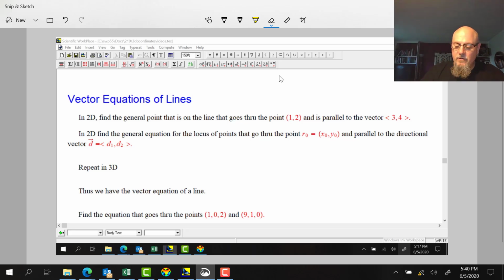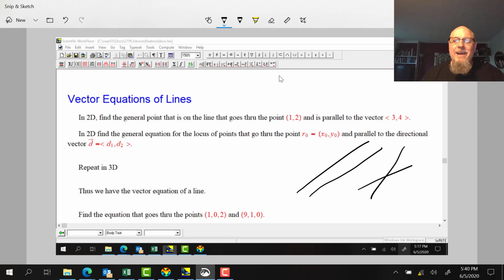Okay, here I am in 2D, and in 2D, lines are either parallel or they're not.